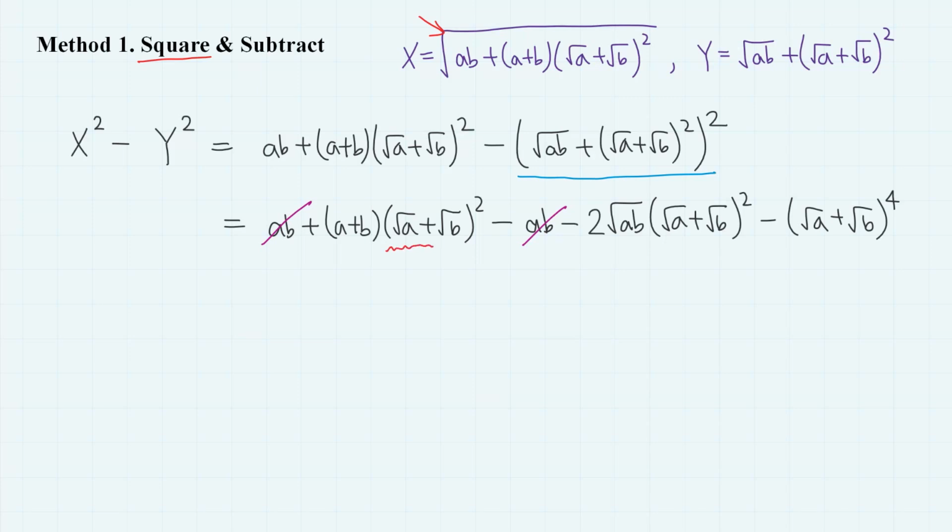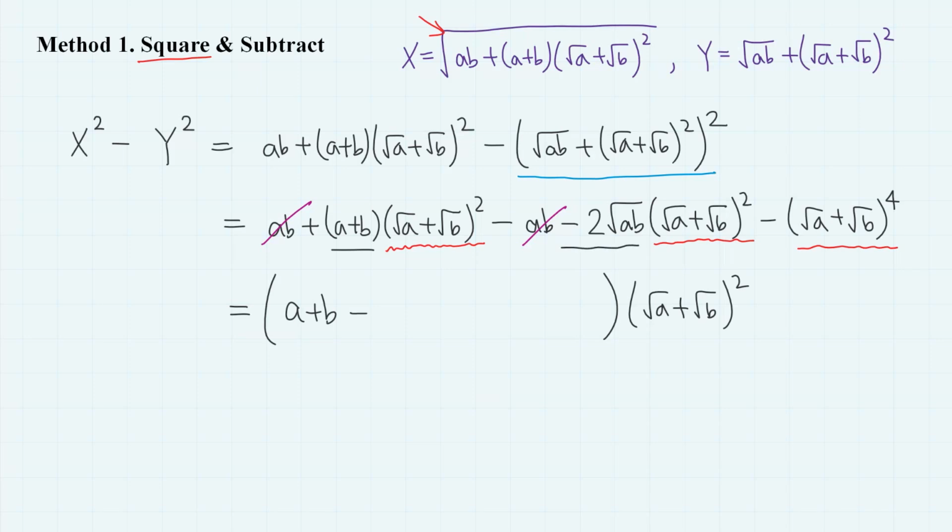Then we have (square root of a plus square root of b) squared as a common factor. So we write that common factor here. Then we have a plus b, and minus 2 square root of ab, and we have (square root of a plus square root of b) squared remaining.